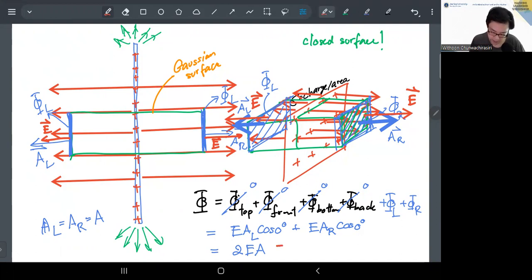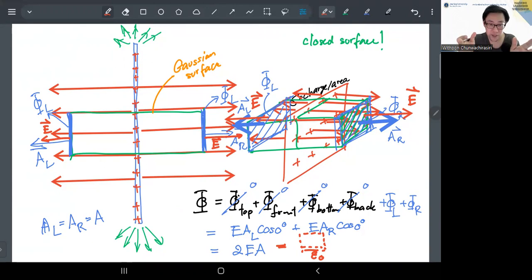Remember, we equate this to the charge enclosed divided by epsilon naught. You are already done with the flux calculation, which is 2EA. Gauss's law says it's going to be equal to the charge inside this Gaussian surface divided by epsilon naught.